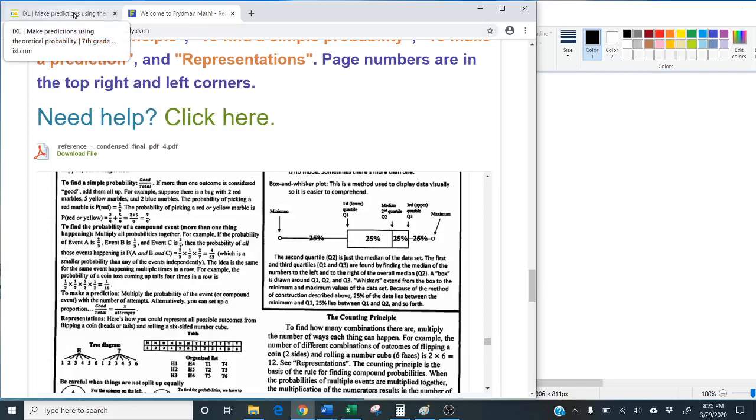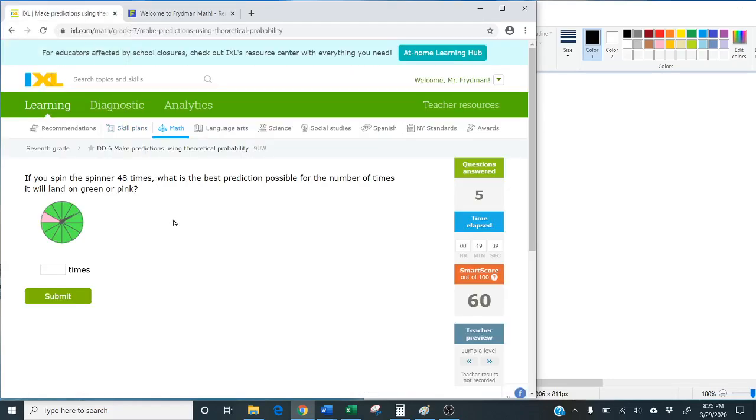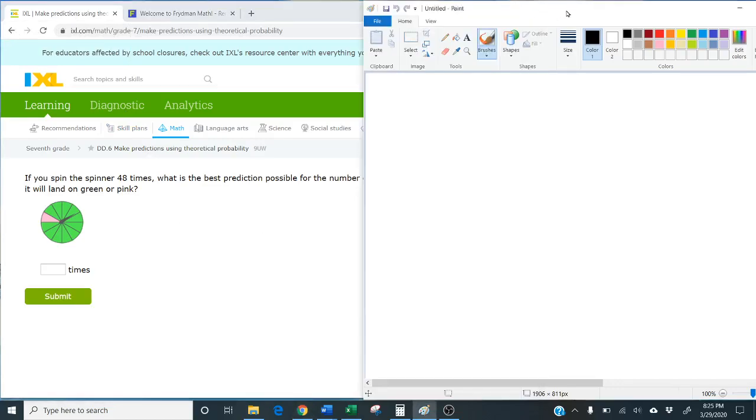Using that knowledge, let's try this problem now. So what is the probability? I'm going to write it this way. The probability of getting a green or a pink, of landing on green or pink.